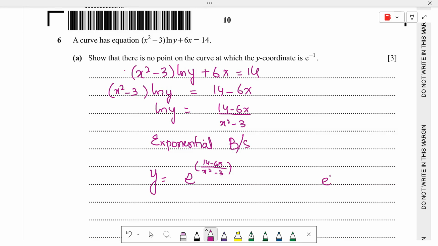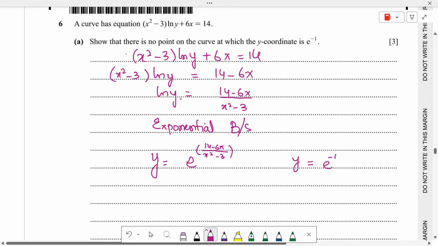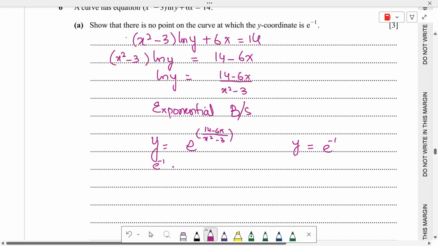Okay, this is the y coordinate. If the y coordinate is equal to e to the power of negative 1 and we will not find any x coordinate, there will be no x coordinates, meaning there will be no point on the curve. Plug y equals e to the power of negative 1 into this equation. So e to the power of negative 1 is equal to e to the power of (14 minus 6x) over (x squared minus 3).